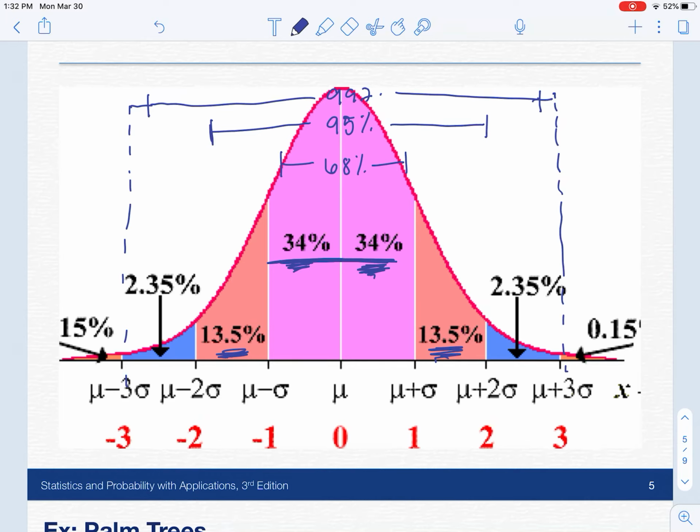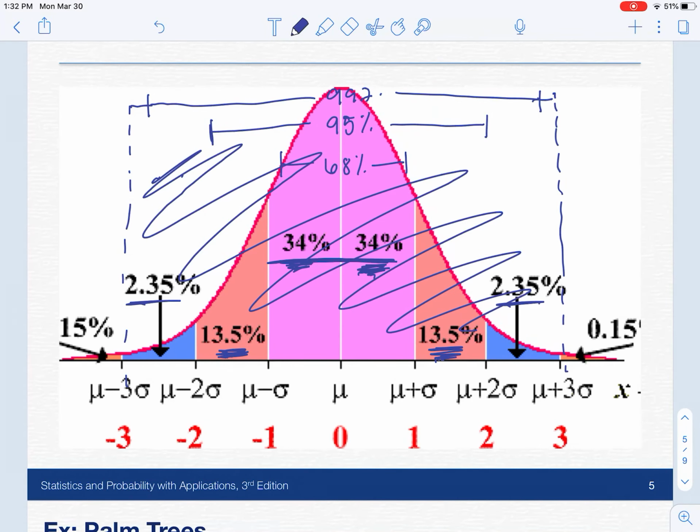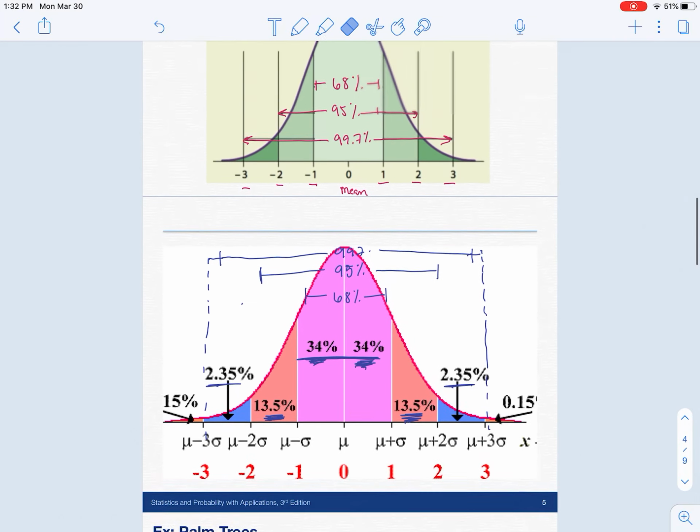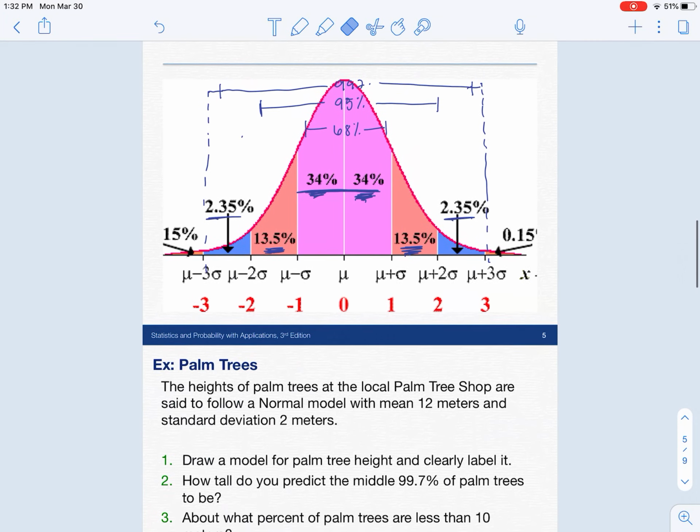So you can divide it up. This number plus this number plus this number plus this number plus this number plus this number is 99.7%. If 99.7% is in the middle, then I'm left with 0.3% in the 2 tails. We're going to have to play around with this a little bit more. But these 2 charts, very, very helpful.